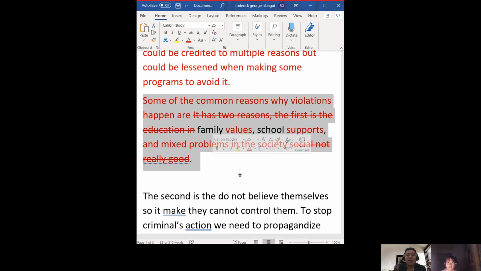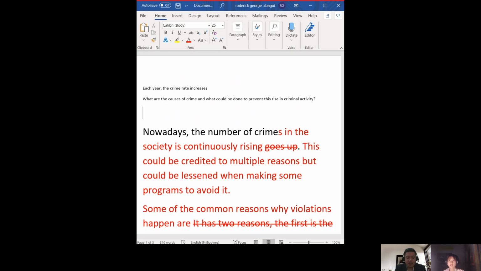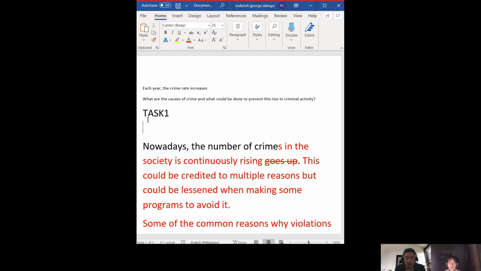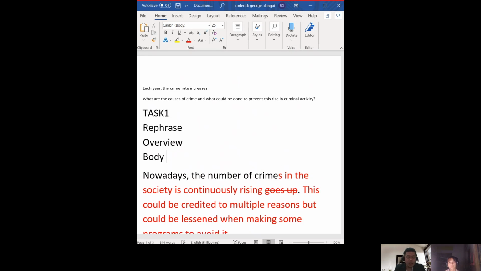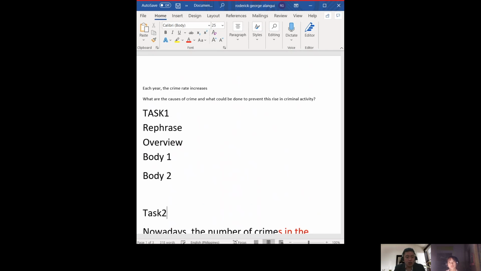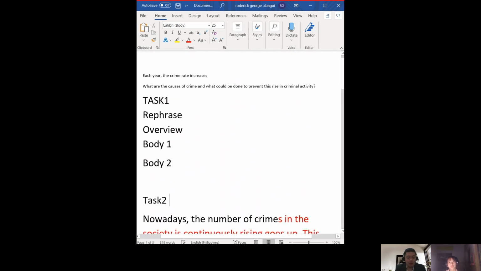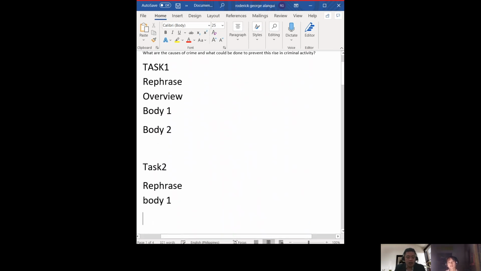In task two, you are required to follow a pattern. In task one, you have your rephrase, second is the overview, then body one and body two. In task two, you have your rephrase, body one, body two.